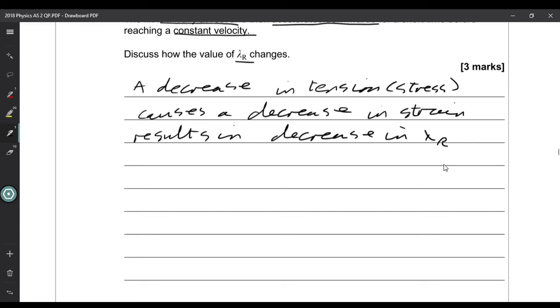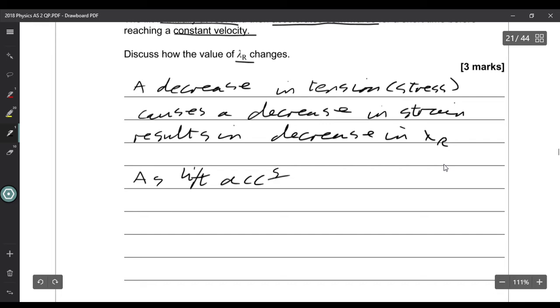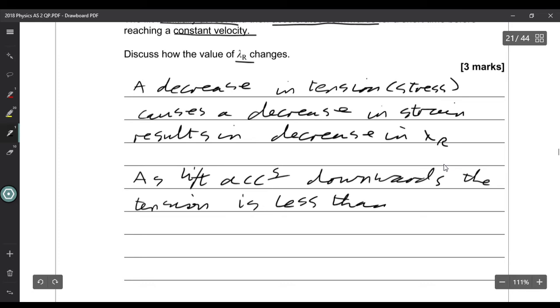So now we can actually talk about how the tension is going to change during this journey of the lift. So we can say that as the lift accelerates downwards, the tension is less than the weight.